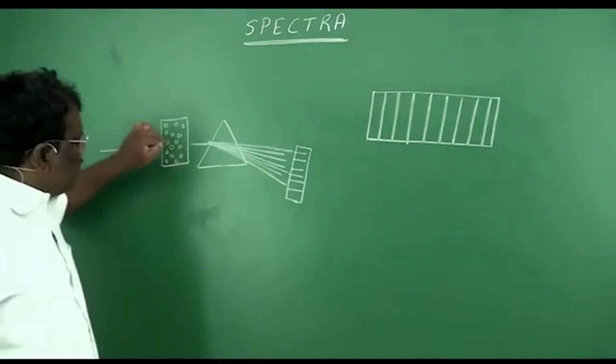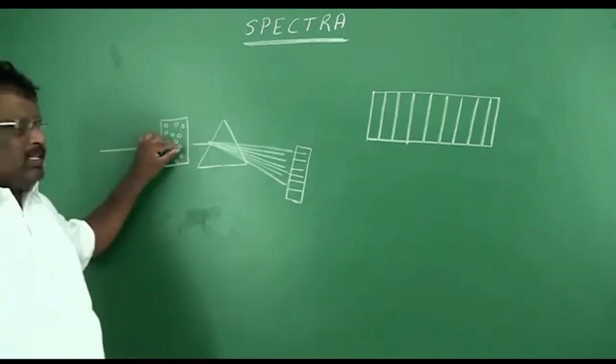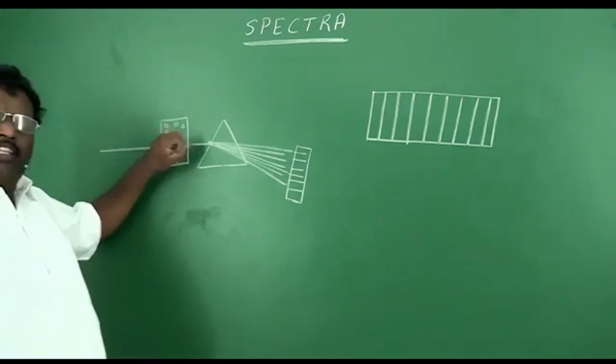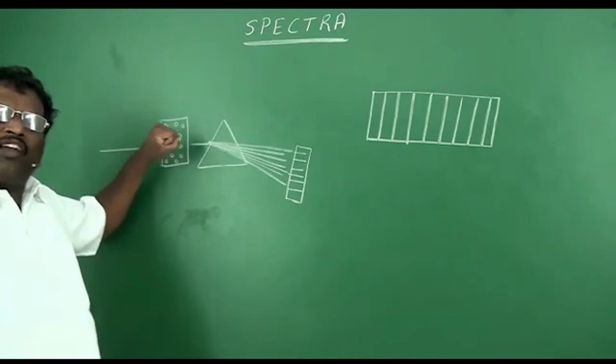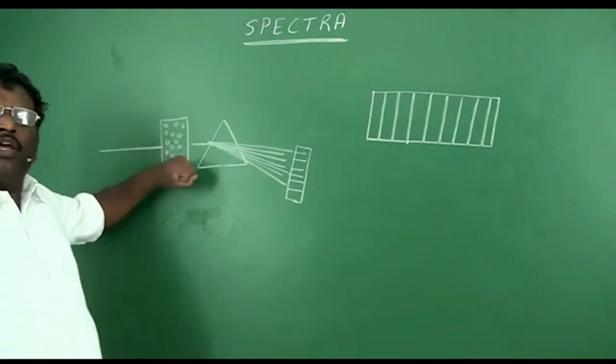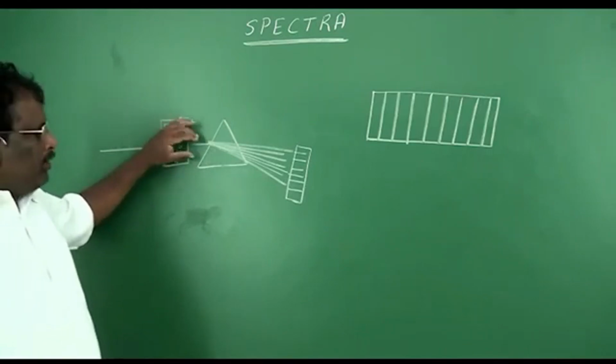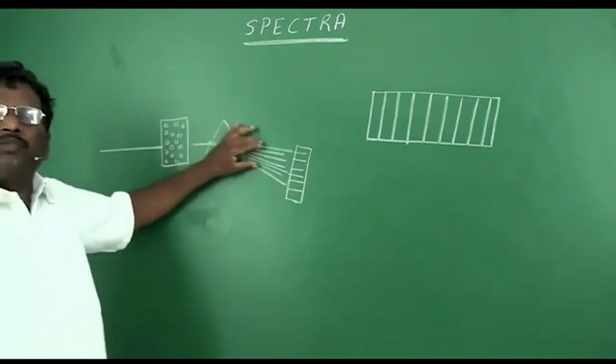Based on the position of the electron in that atom, these atoms will absorb a specific wavelength of light radiation, and all the remaining wavelengths will be transmitted out.